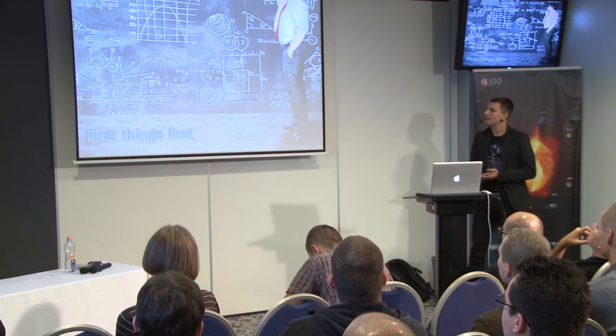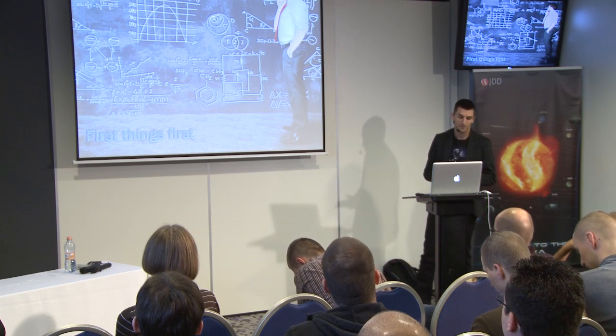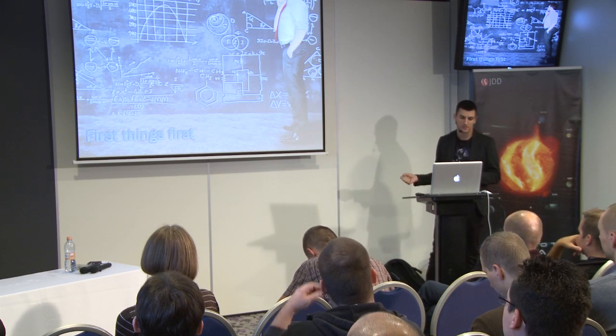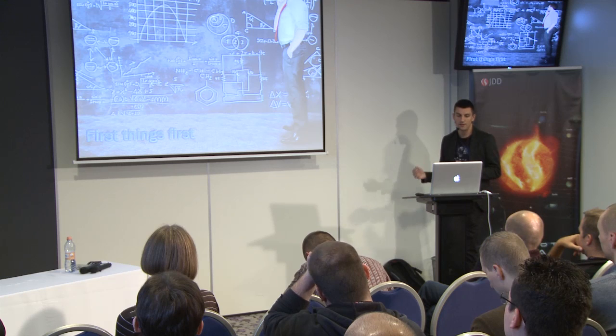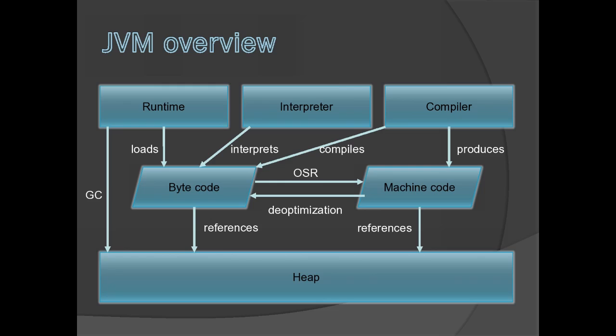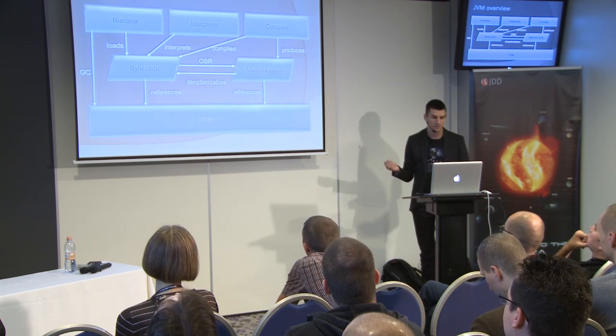All right, so let's start with a little bit of theory. I will talk about how the JVM is constructed and what stems from its architecture. This graph shows one of the many available approaches to the JVM architecture.